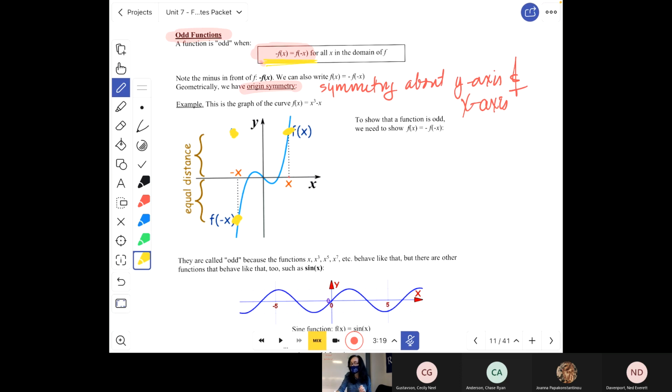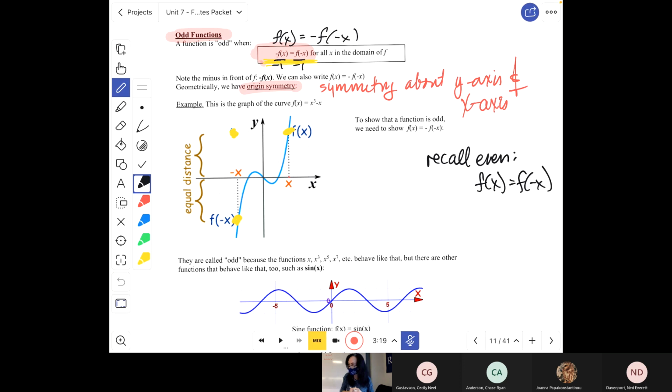Now, a lot of people like to take a shortcut, and to find that it was even, recall, if it's even, it means f of x equals f of negative x. Well, if you go through the process of saying that that is not satisfied, what I can do, well, if I divide this by -1 and divide this by -1, don't I get f of x equals negative f of negative x? All I did is, I know I have to show this to prove that it's odd.